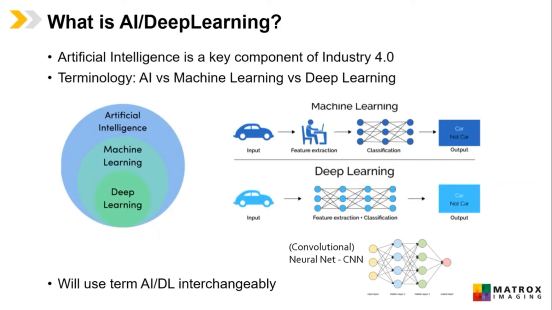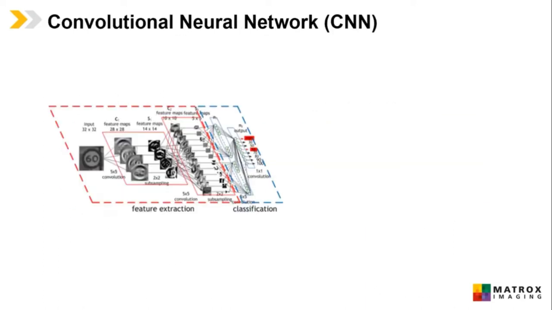The one that we use in machine vision for images is called a convolutional neural net, or a CNN. The reason why is that for the first part, the feature extraction portion done by the software, we use a convolution to take an image and extract features of it, which when we pass to a classifier gives us the output.